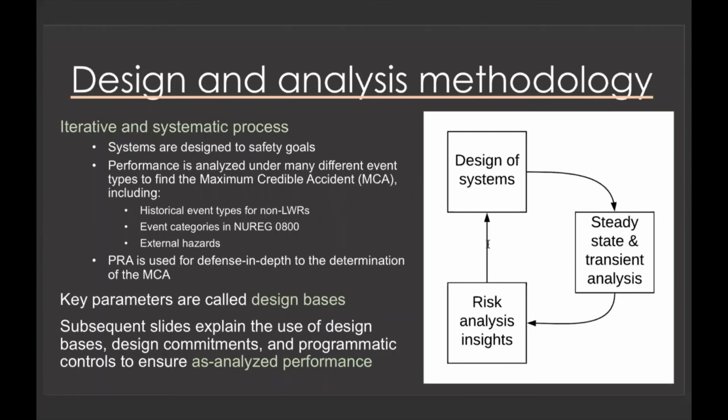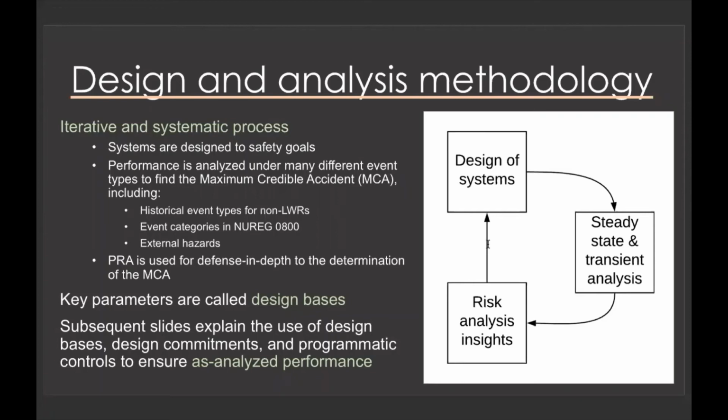We did analysis for event categories as NUREG-0800 lays it out for existing light water reactors, and historical event types for non-light water reactors, so looking at the history for EBR-II or PRISM and different types of non-LWRs and seeing if there's any insight or types of events there that applied to the Aurora design, as well as extensive analysis of different external hazards.